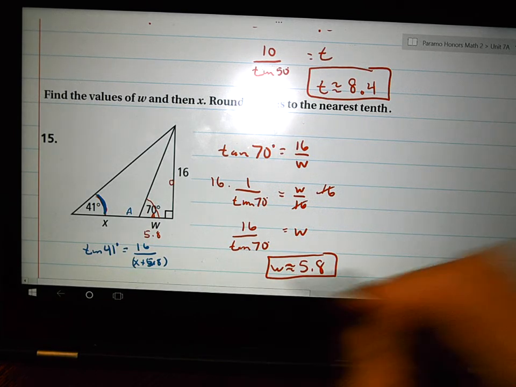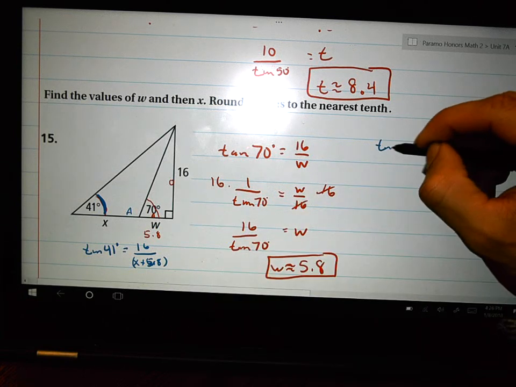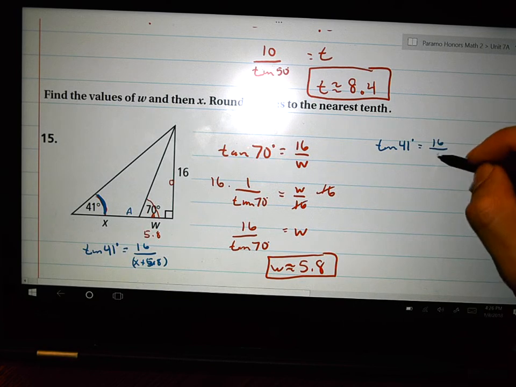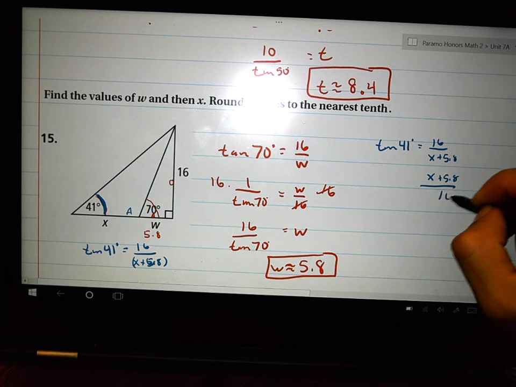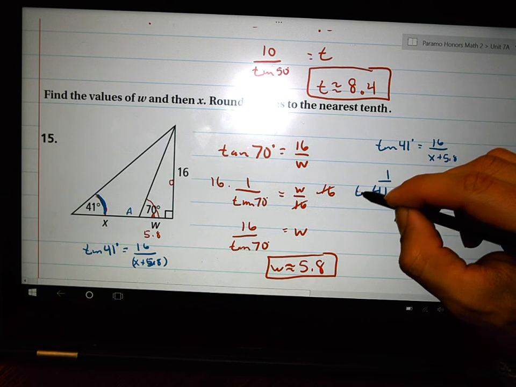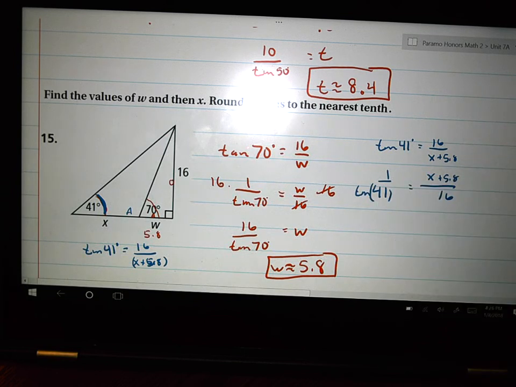I'm going to jump over here. Is my variable in the numerator? If not, you'll need to use the reciprocal. Times by 16.